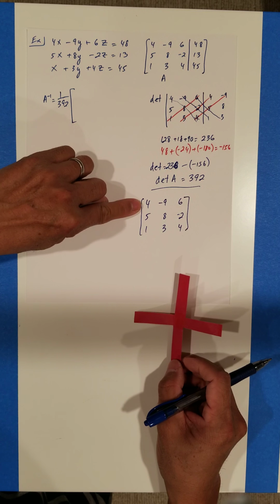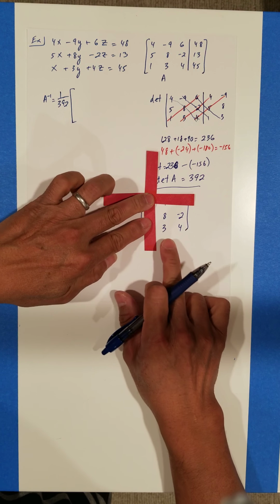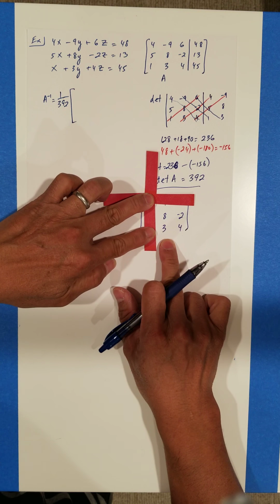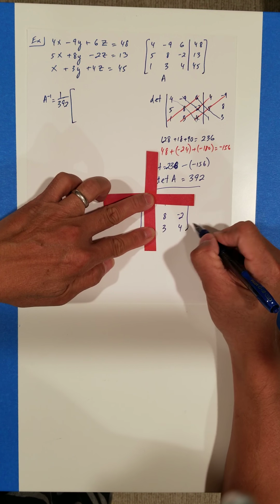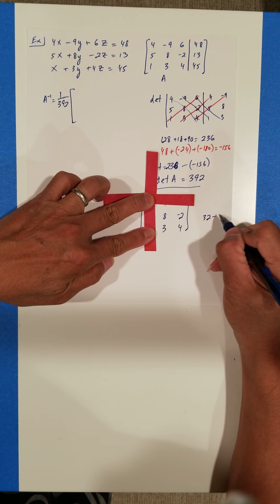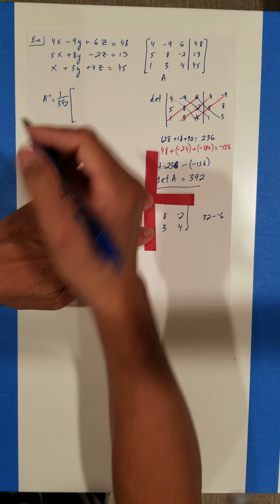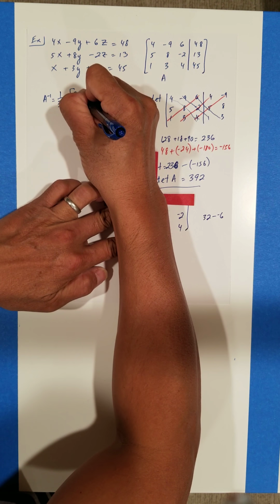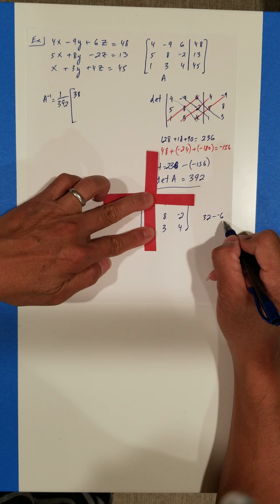Now take the first element 4, cover up the row and column. Okay, what's the determinant of the leftovers? So here you multiply, right? 32 minus -6. Okay, so my first answer is going to be 38. I did this mentally. Okay, so that's my first one.